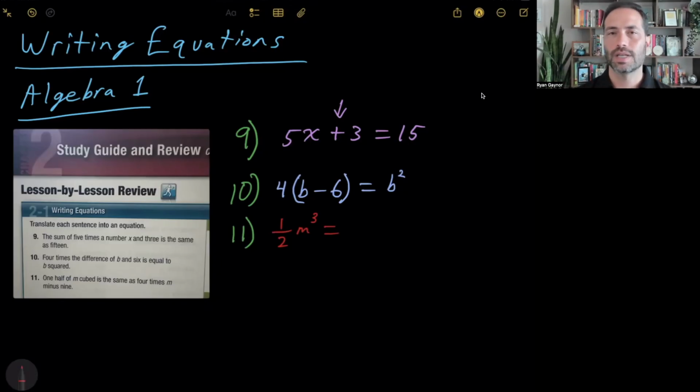So we just have to read it left to right. 4 times m and then minus 9. So 4m, right? Because the number and the letter next to each other means multiplication, and then minus 9. All right, there you have it.